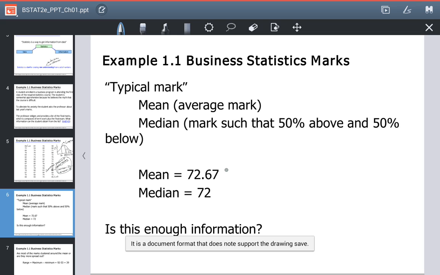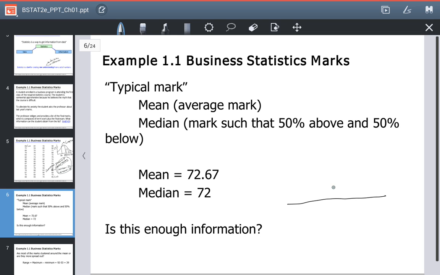Knowing the mean and median will not always be sufficient, because there might be 2 distributions. Let's say one distribution is like this. This is the mean of the first distribution. Another distribution is having the same mean, but it's more spread out. It's more like that.